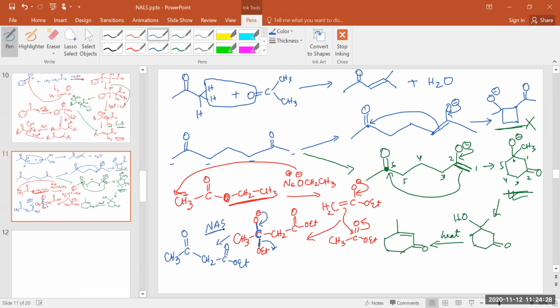So it is the first two steps, enolate formation and then addition, same as aldol condensation, but the next step is the kind of acyl substitution where OEt leaves. This reaction, just a different name, is called Claisen condensation. Okay, Claisen condensation.